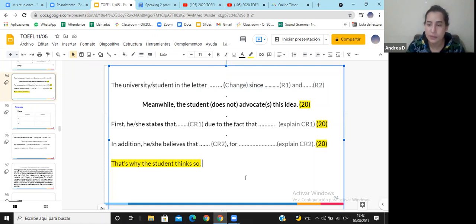Another thing I really liked about your response is that you were kind of connecting it back, and that's actually another tip. Whenever you can, try to connect both the reading with the listening. So you could say something like, in addition, he believes that, I don't know, they don't like classical music. As a result, they're more likely to bring their MP3 players and not connect with each other.